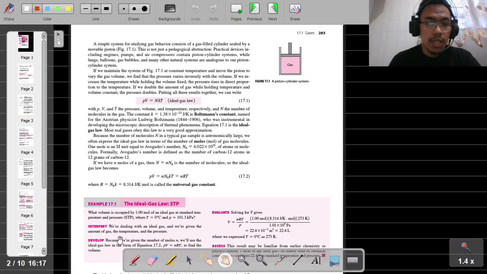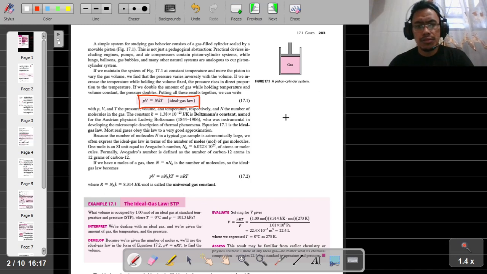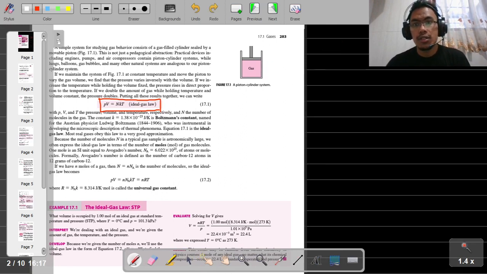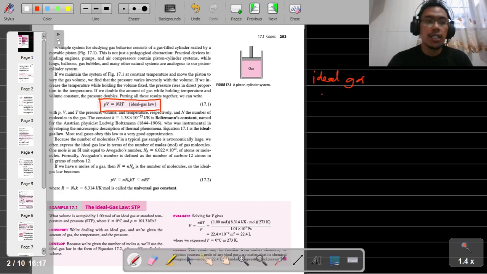As you can see on the screen, there is an equation of the ideal gas law. In the ideal case, the physical properties of gas depend on three things.